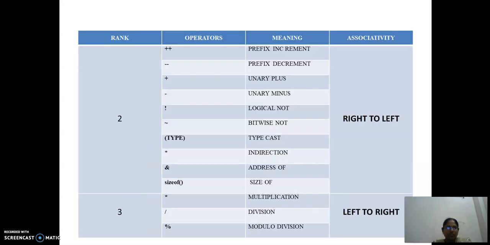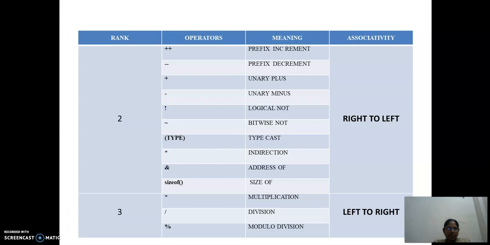The second one is pre-increment, pre-decrement, unary plus, unary minus, logical not, bitwise not, type cast, indirection operator for your pointers, address-of, and sizeof. This has the second priority and the associativity will always be from right to left.